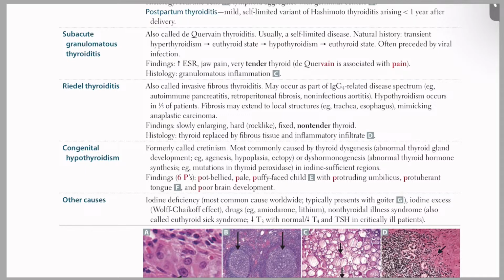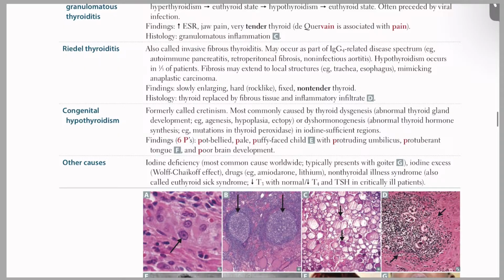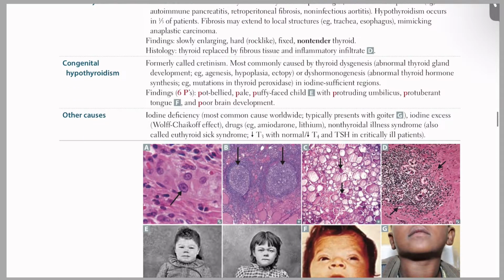Hypothyroidism occurs in one third of patients. Fibrosis may extend to local structures, that is trachea, esophagus, mimicking anaplastic carcinoma. Findings: slowly enlarging, hard, rock-like, fixed, non-tender thyroid. Histology: thyroid replaced by fibrous tissue and inflammatory infiltrate. Option D.